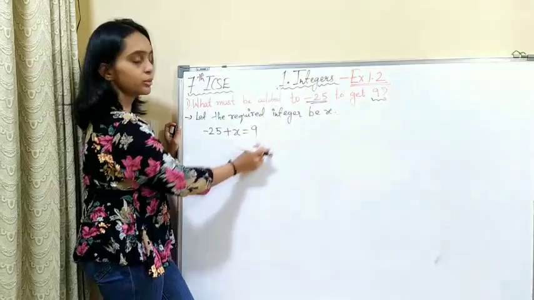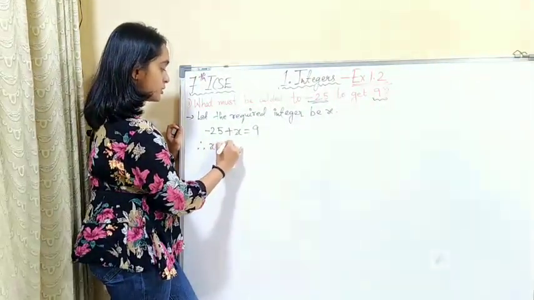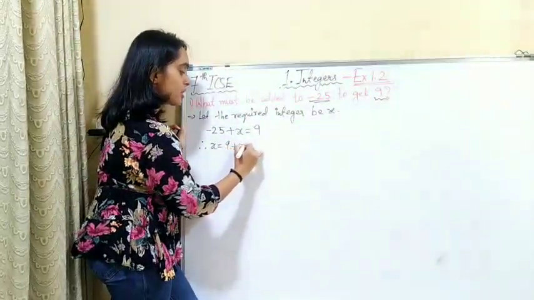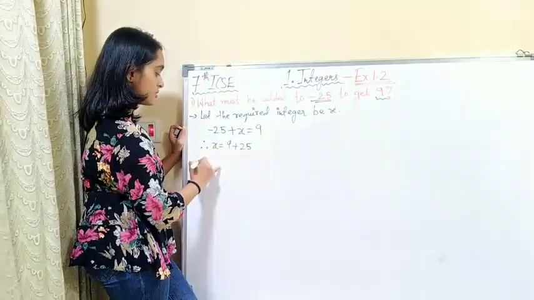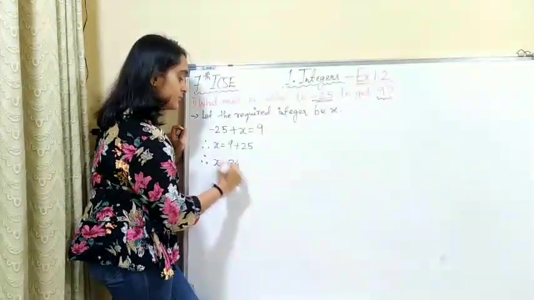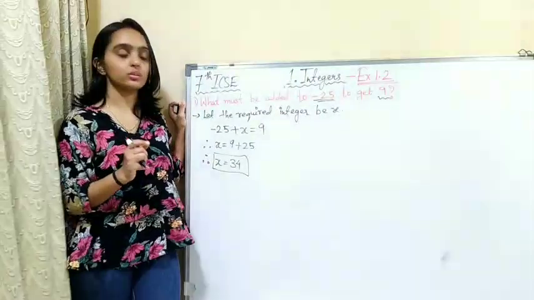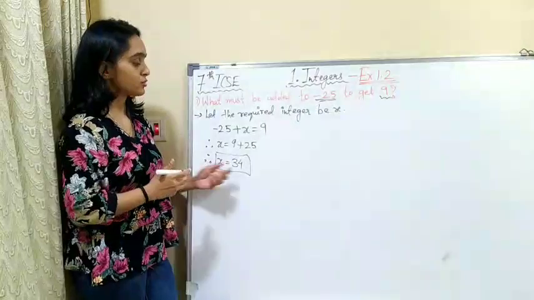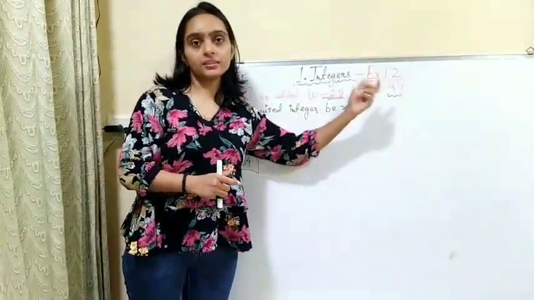So minus 25 will be shifted to that side. Therefore x equals 9 minus minus 25, which gives plus 25 after transposing it. So 25 plus 9 is 34. So your final answer is 34. That is, you will write, therefore the required integer is 34. So 34 must be added to minus 25 to get 9 as the answer.